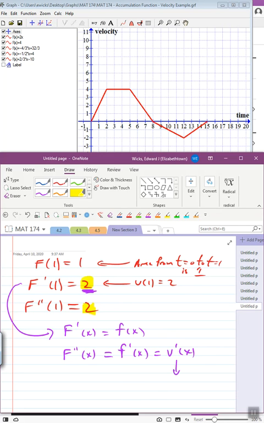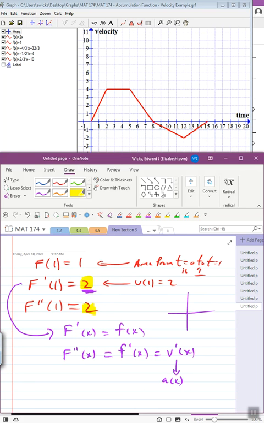Of course, what is this? It's also acceleration. And when you look at this velocity graph up here, how do you get acceleration? Don't you look at the slope of the velocity graph?